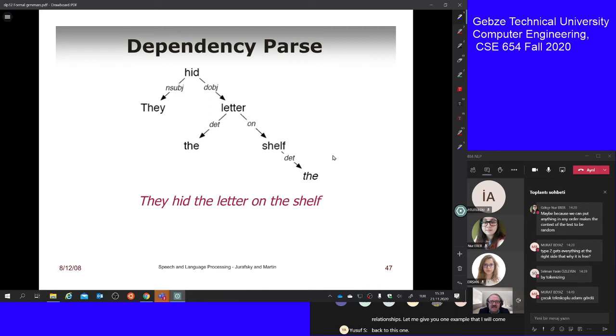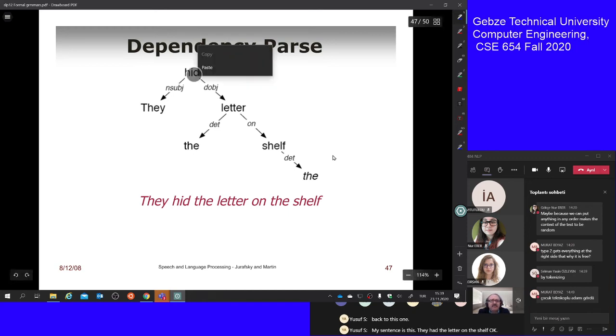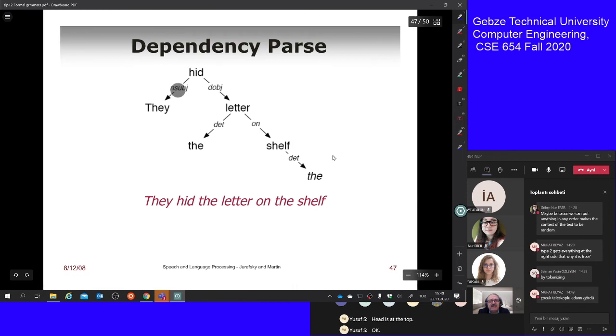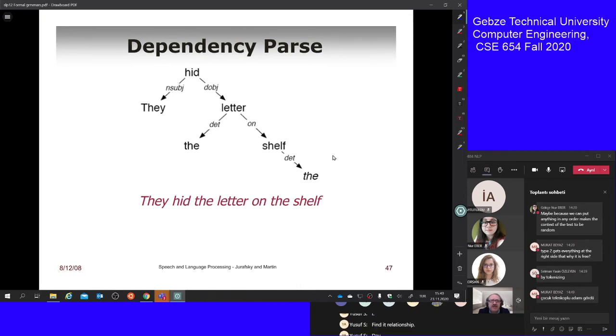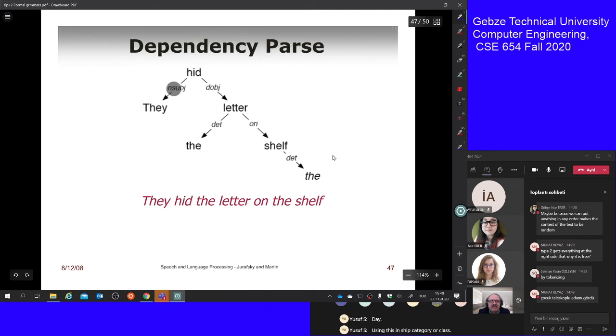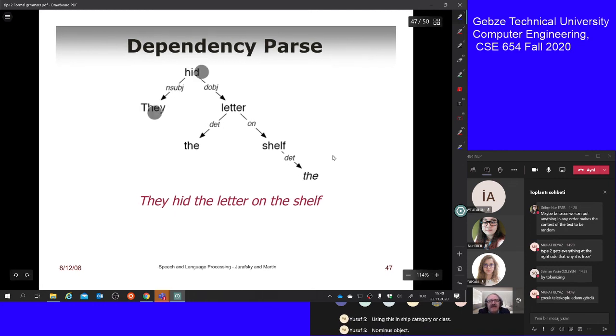My sentence is this: they hid the letter on the shelf. Okay? Hid is at the top. I find a relationship between this hid and they using this relationship category or class: nominal subject. Hid and letter are related to each other using this direct object relationship.